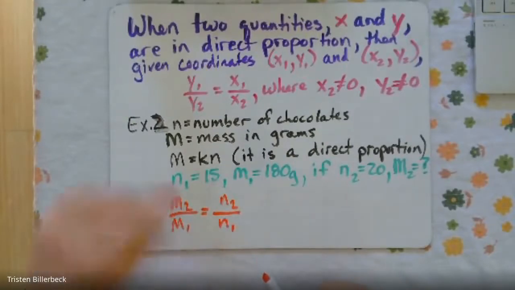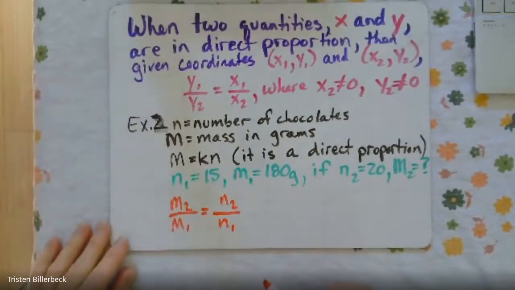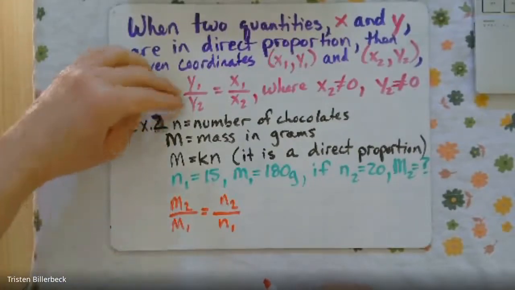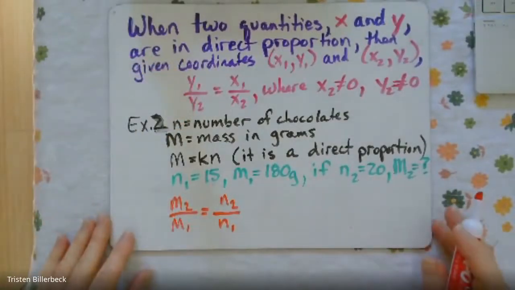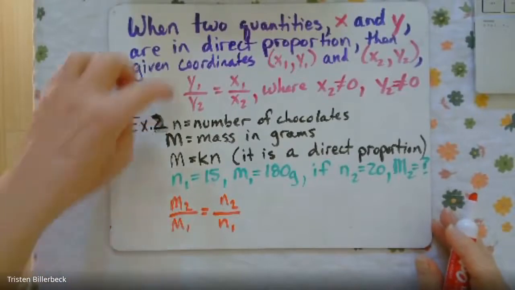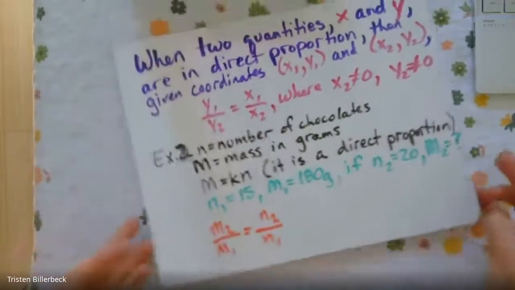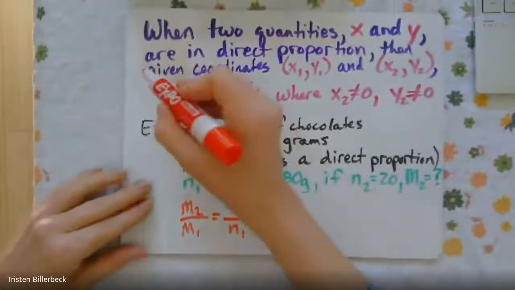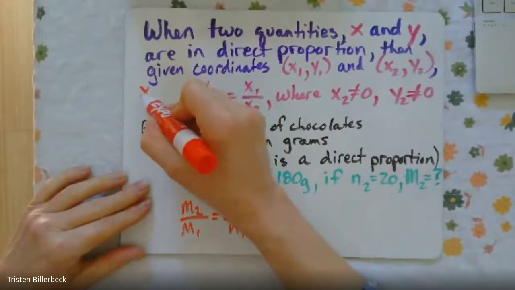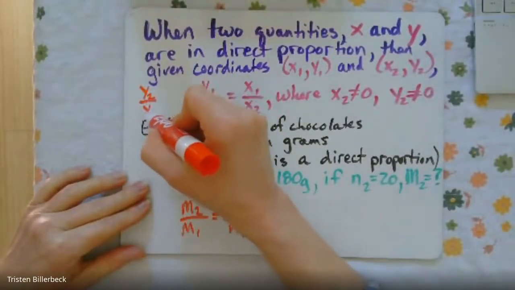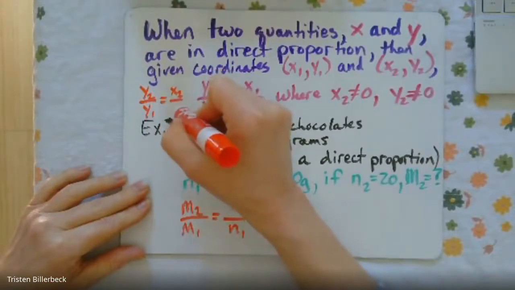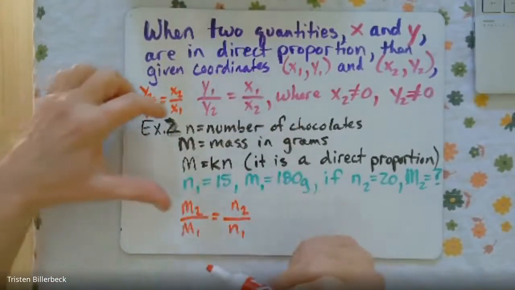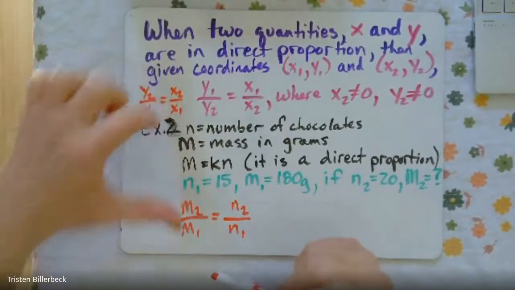Hey, wait a second, that's the opposite of this. So are you saying you could just flip this over and change it around, and then these two couldn't be zero? What if I said y2 over y1 equals x2 over x1, but now these two can't be zero.